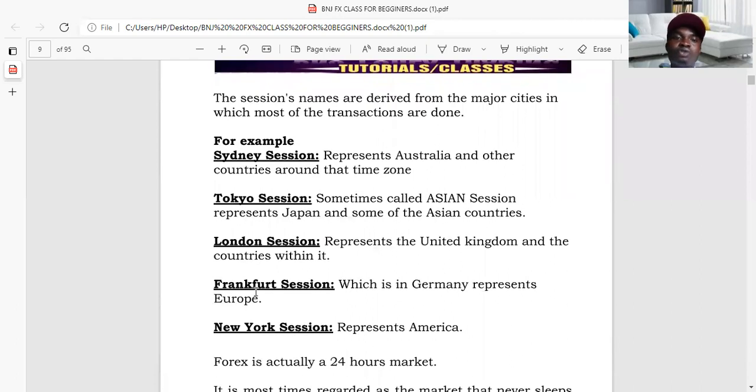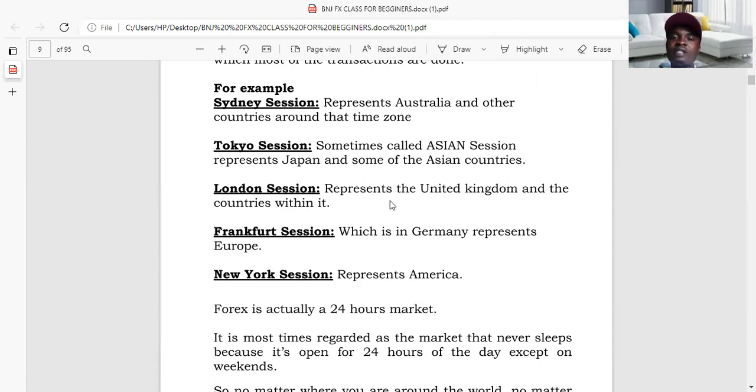It's important to note that these session names are derived from the major city in which most of the transactions are done. For example, Sydney session represents Australia and other countries around that time zone. Tokyo session, sometimes called Asian session, represents Japan and some of the Asian countries.